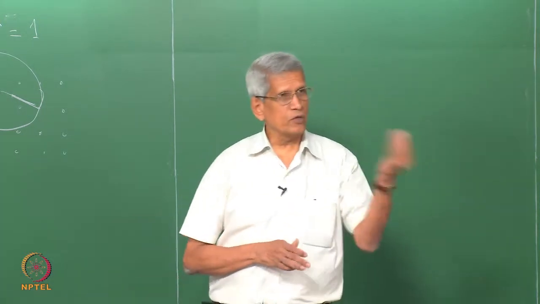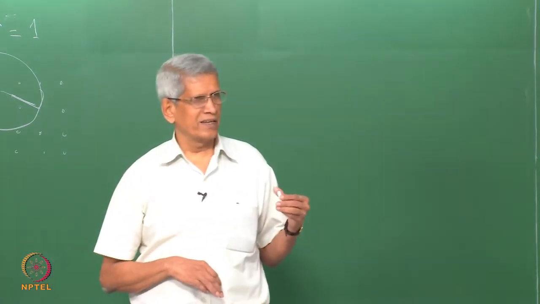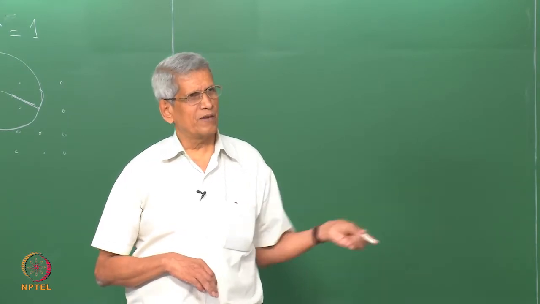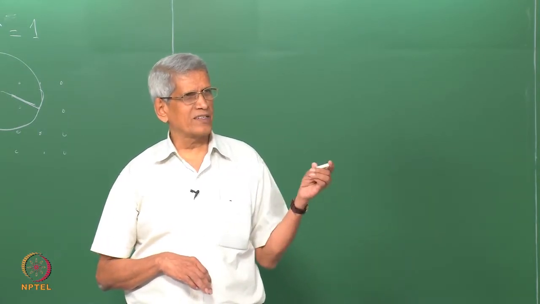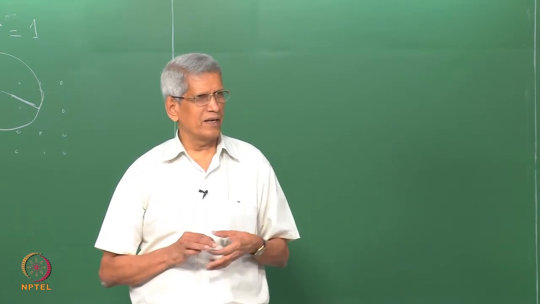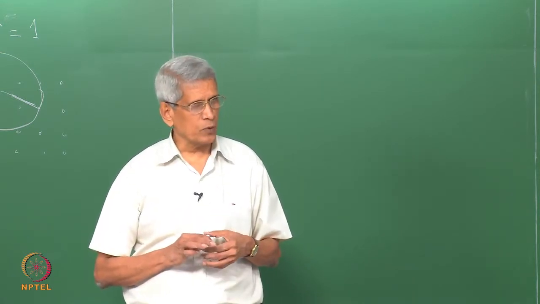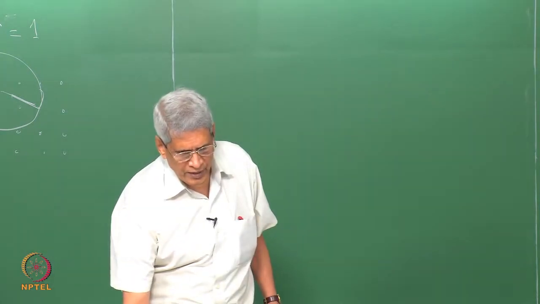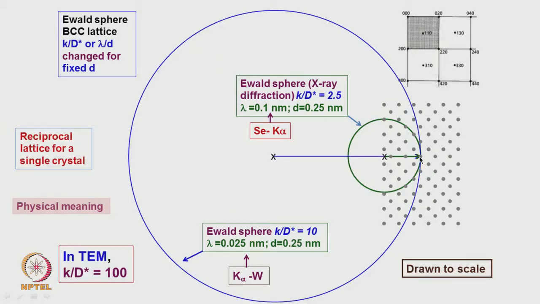In fact, if we use K alpha of tungsten, then its wavelength is 10 times smaller than the normal lattice parameter spacing. So, with respect to the origin, the reciprocal lattice of a crystal has been constructed. This is the reciprocal lattice, taken at this point as the origin.